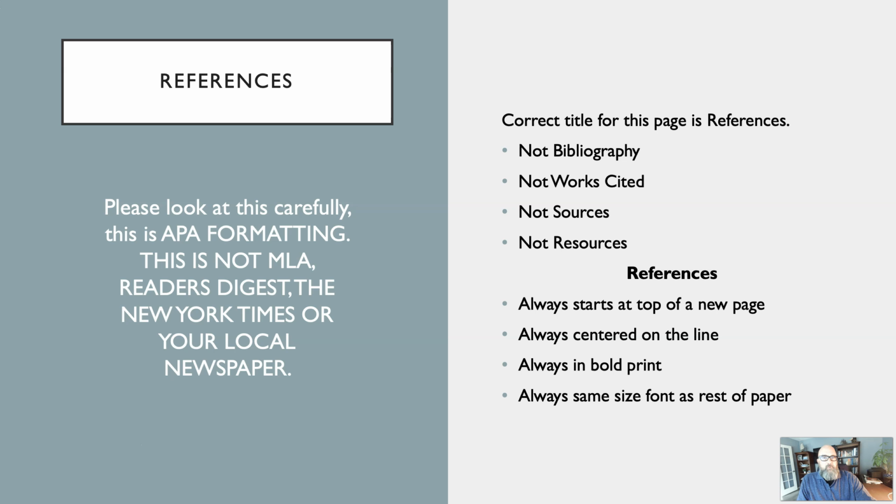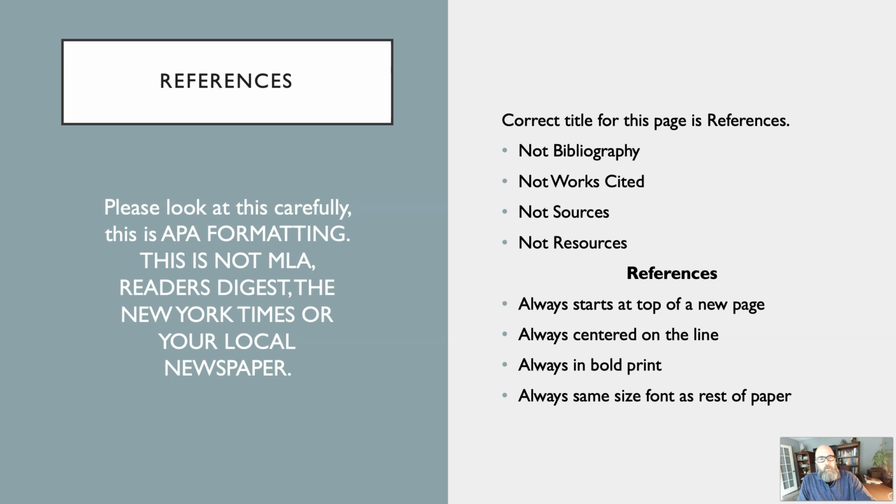APA is the American Psychological Association. We're currently using the 7th edition. This is not MLA. Please do not format your references as MLA. It's not Reader's Digest and New York Times or your local newspaper, any of those kinds of things.